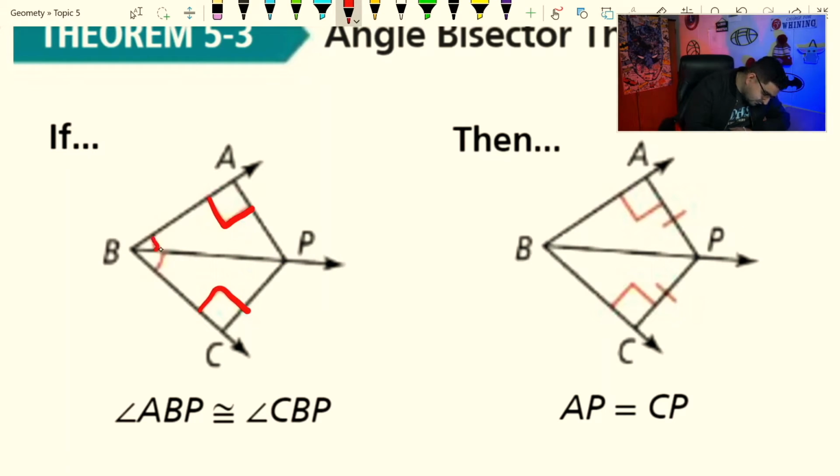So it leaves us with two congruent angles that are attached to B. Whenever we see this, two angles like this in this spot, and two 90-degree angles as well, then we are allowed to assume that these two sides of the triangle, AP and CP, are actually congruent to each other. Alright? So that's what this theorem states, and the opposite is also true.